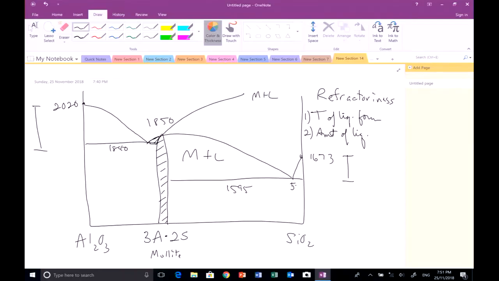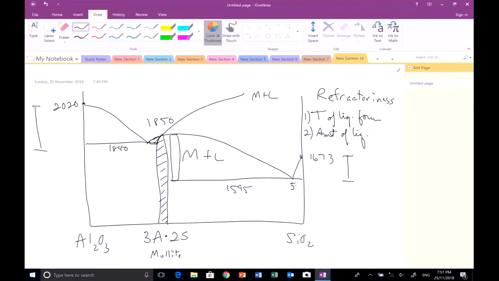So that tells you, if you want to liquid phase densify mullite, you better choose some compositions around here. You want to minimize the liquid for two reasons. You need to get the right amount so you don't lose your shape. If you have too much liquid, you'll sink your shape. And then when you perform at high temperatures, the more stable it's going to be because it's got less liquid.